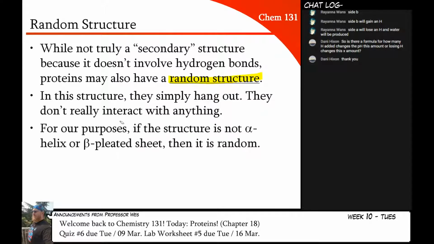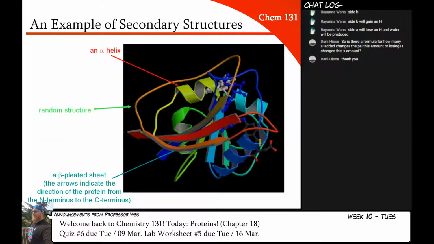All right, so those are the three secondary structures. We've got alpha helix, we've got beta pleated sheet, and then we've got random. Now, how are you going to be able to identify these? Well, you're just going to have to check them off of a list for one. Or if I gave you a picture, for example, you might have to tell me where the proteins are.